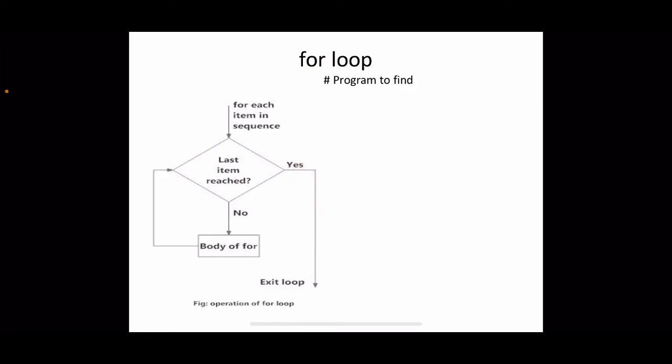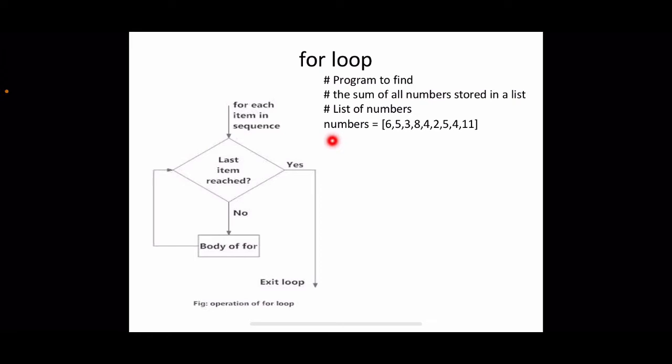We can see an example for this for loop. Here as a sample program, we are taking a program to find the sum of all numbers stored in a list. We are given a list of numbers and we have to find the sum of all those numbers together. The square bracket indicates the list, right? These are the sequence of items in that list and that is assigned to a variable named numbers.